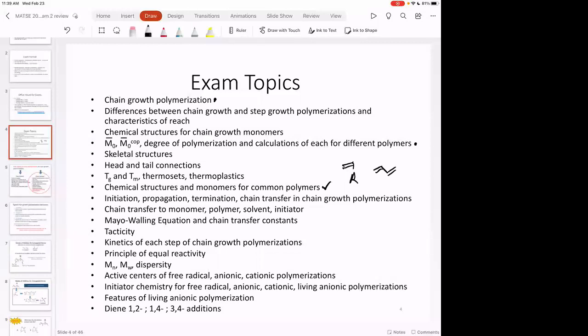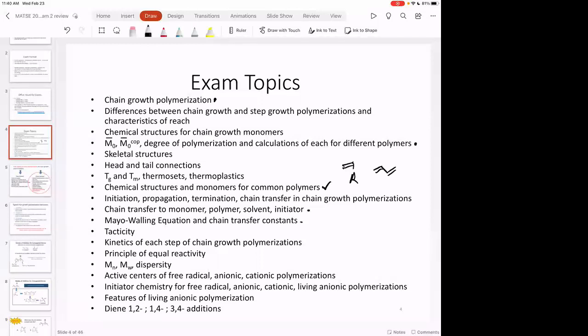Mayo-Walling equation, you had a homework problem on that, and that deals with all sorts of chain transfers. So before class, we were discussing what happens with the degree of polymerization when you have chain transfer. And the rule is, when you have chain transfer to polymer, what happens to the degree of polymerization? Nothing.